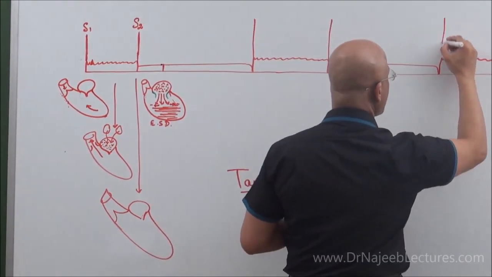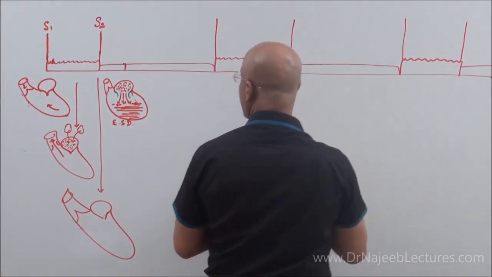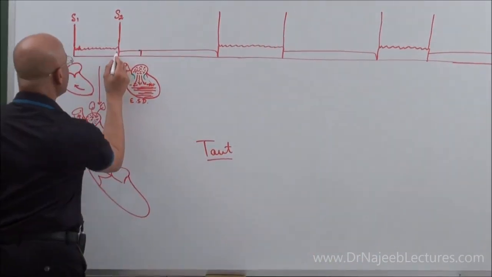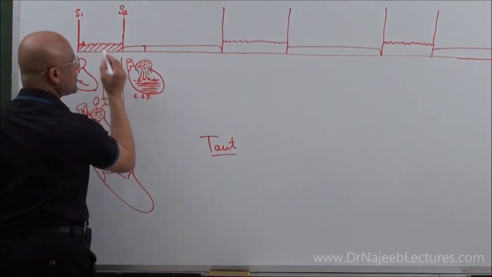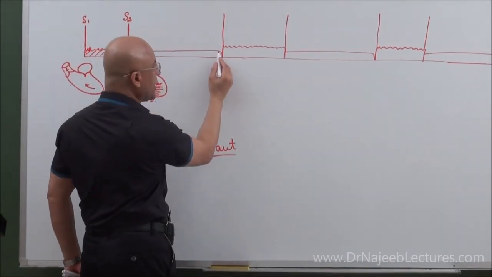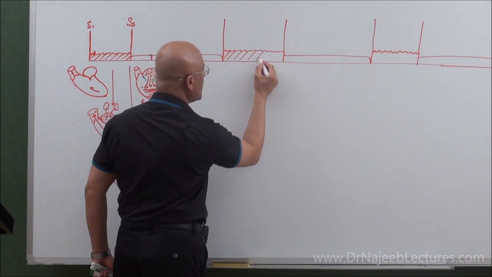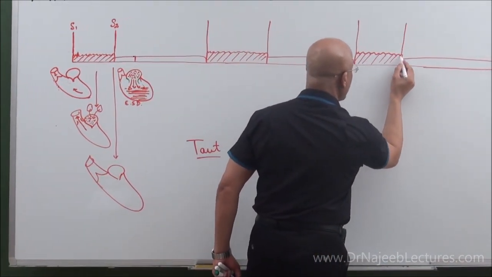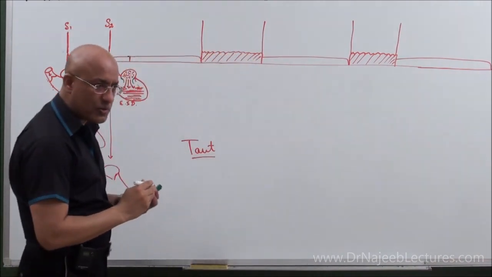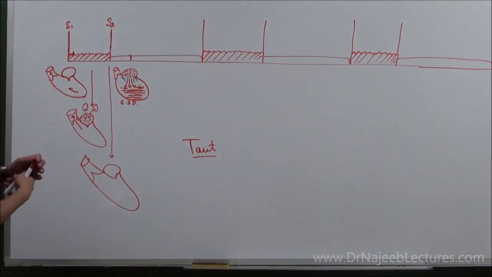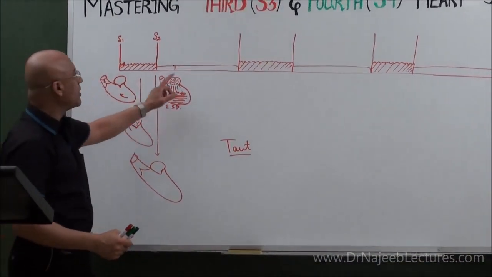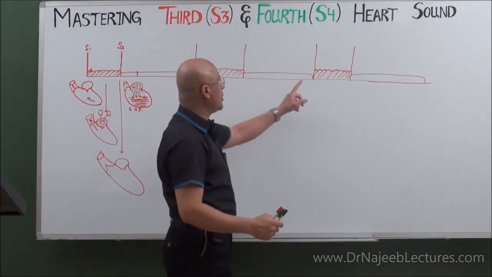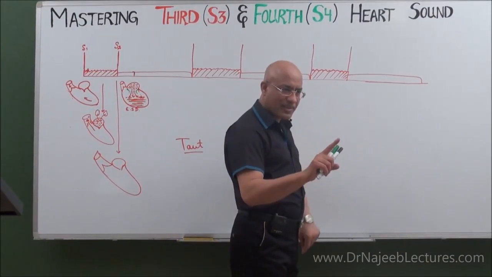S1, S2, S1, S2, right? And these are what? Ventricular systole. Again ventricular filling phase, and then ventricular ejection systole, then diastole and systole. Now if there is no third heart sound, what do you hear? You hear lub dup, lub dup, lub dup, right?